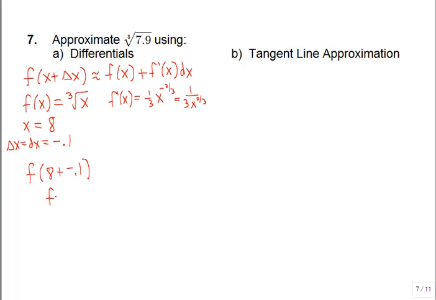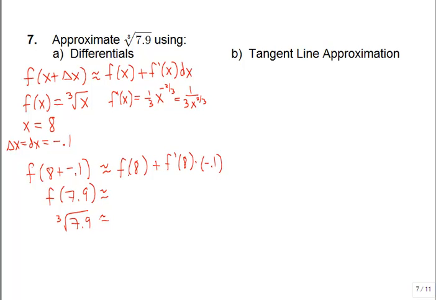In other words, f of 7.9, or the cube root of 7.9, that actual value is going to be approximated by f at the good value only plus the derivative at the good value times our dx, and our dx was this negative 0.1.